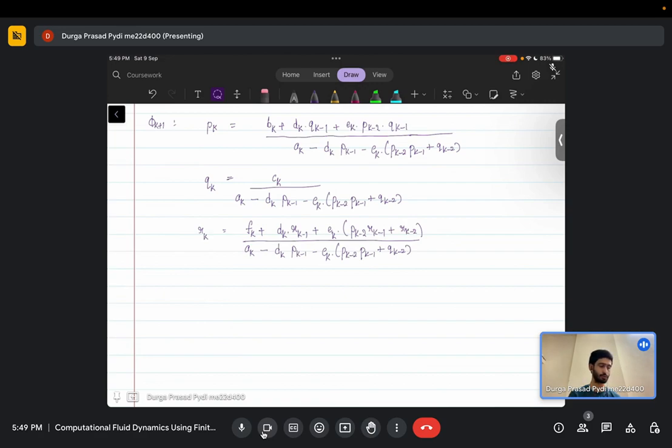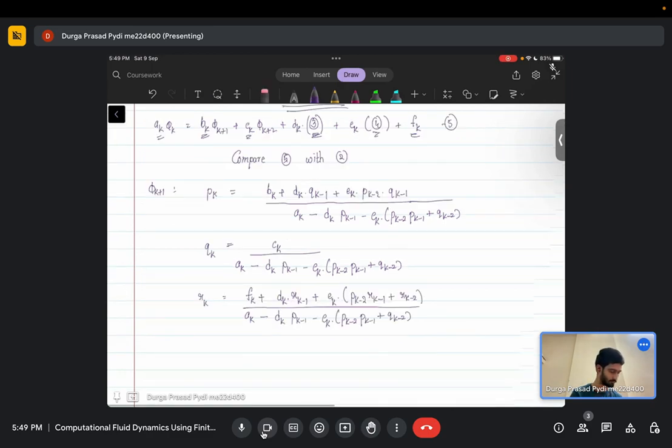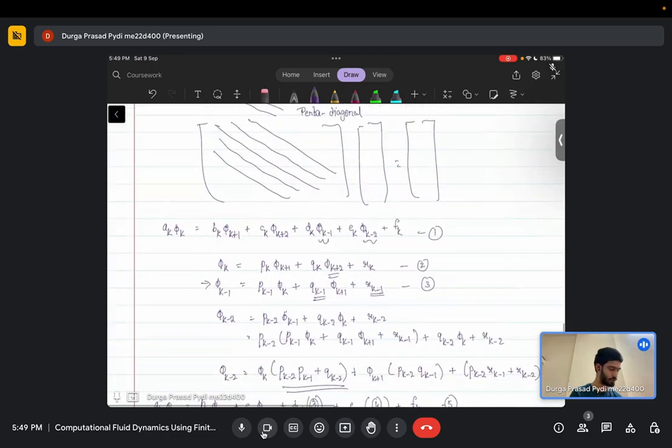So what we need is again the starting cases. What will be the value of p0? If you see the original equation for k equal to 0, that is the very first cell. So this is my k equal to 0, this is my 1, 2 and so on. For the very first cell we don't have any west or west-west, so d0 will be 0 and e0 will be 0.